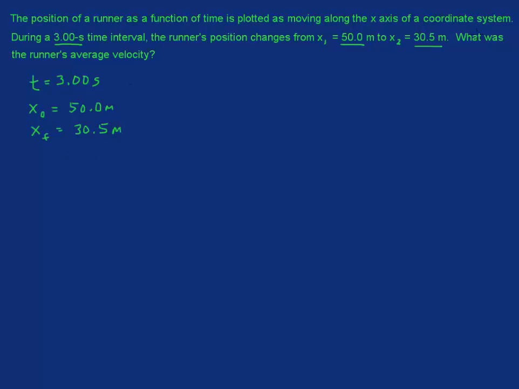Well, it said what was the runner's average velocity, so we are looking for the velocity. I'm going to write that down here to remind me that's what I'm looking for, and then now I can just pull out an equation that has all this stuff in it, the definition of velocity. And I'm going to write the delta x as x final minus x initial all over t.